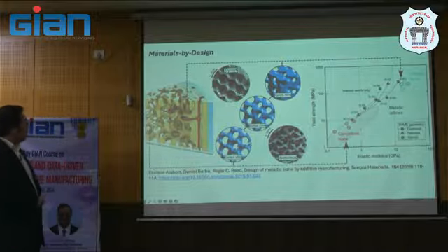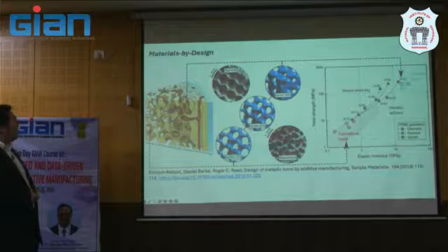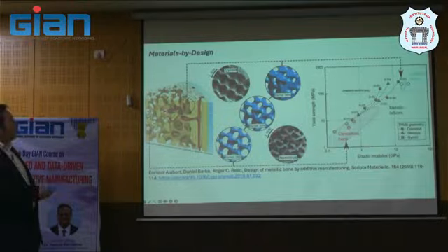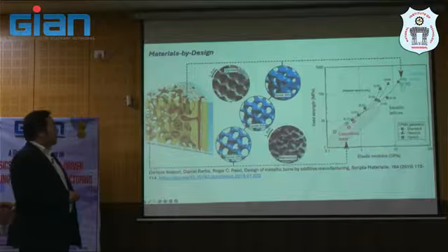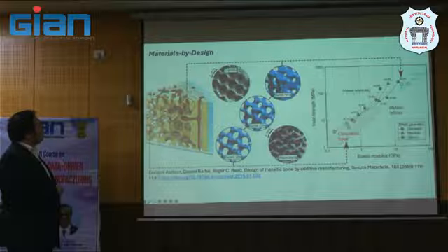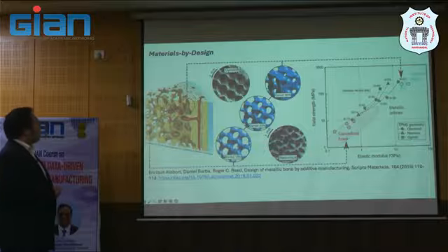So there's a big mismatch between the metallic implant and the bone, because the bone has different stiffness or modulus here. I mean, let's say cortical bone or cancellous bone here. They have quite low stiffness compared with the metallic implant.